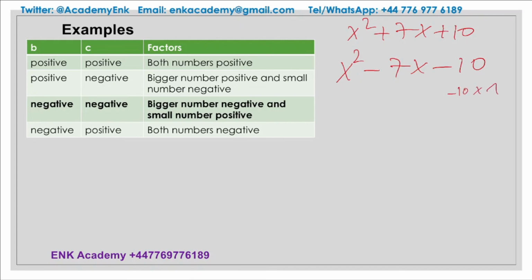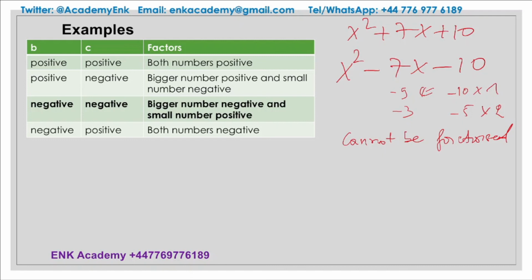We might have minus 5 times 2. And we see that minus 10 plus 1 is minus 9. Minus 5 plus 2 is minus 3. And this expression cannot be factorized.